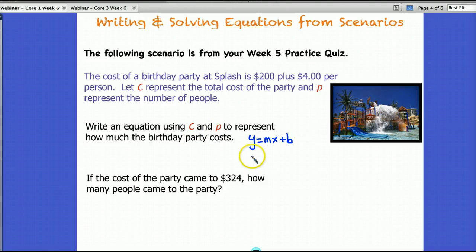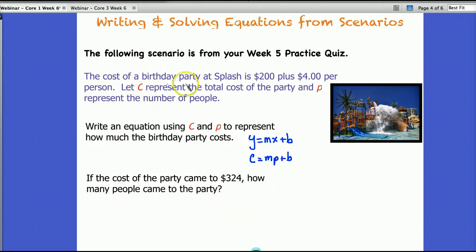So instead of y, because y is always our total, we're going to say that's C. We still have to plug in for m. We have to find our slope, our rate of change. And then instead of x, we're actually using P. And then we still have to find b, which is our starting amount or our y-intercept when we were graphing. So always in these problems, you're always trying to find m and b, okay?